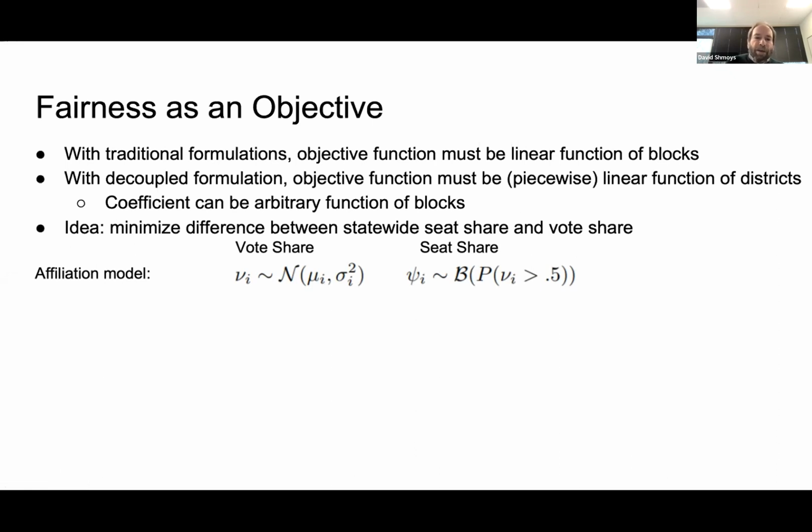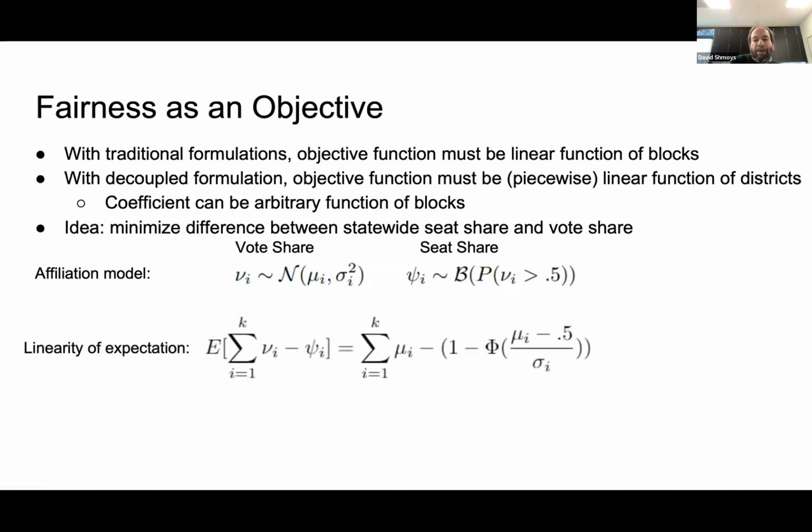And so this allows us, if I think about an affiliation model where I use historical data to infer, let's say, a normal distribution of the vote share of a given proposed district, historically looking back, and I model it by some normal distribution with mean mu_i and standard deviation sigma_i squared, I can then use that stochastic model of what the vote share is for that district, and that gives, of course, the corresponding Bernoulli variable, which is the likelihood of that seat going to one party or the other.